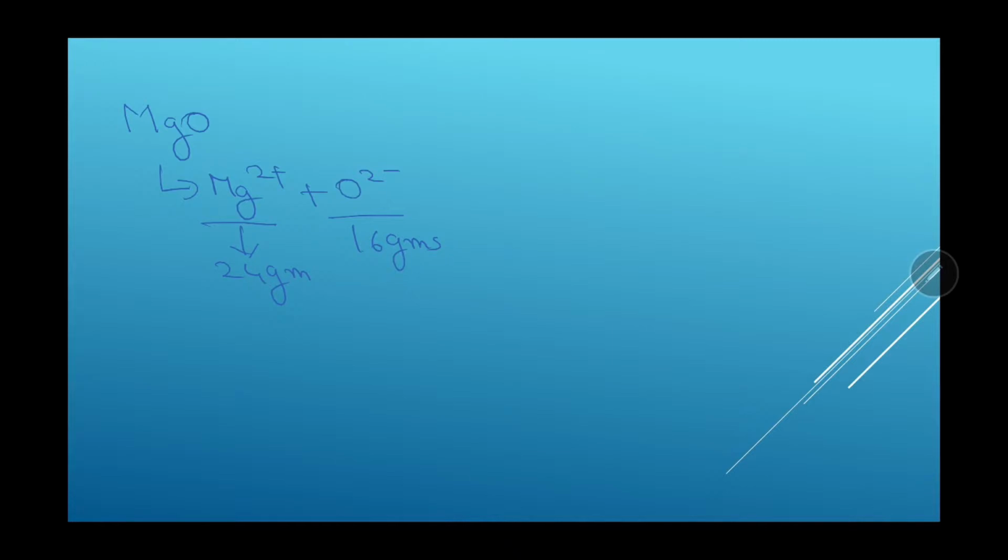So according to the definition, equivalent mass is that much which displaces 8 grams of oxygen. So 16 grams of oxygen are displaced by 24 grams of magnesium. So 8 grams of oxygen are displaced by 8 into 24 by 16. Simple unitary method, and we have 12 grams.